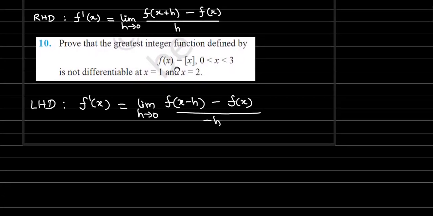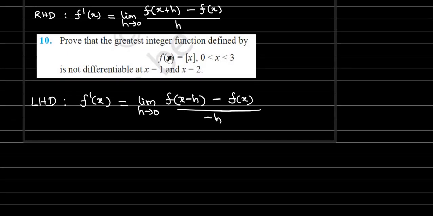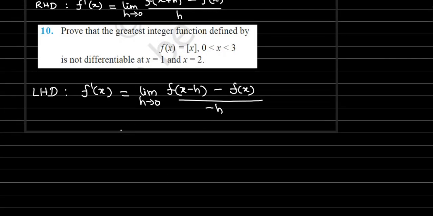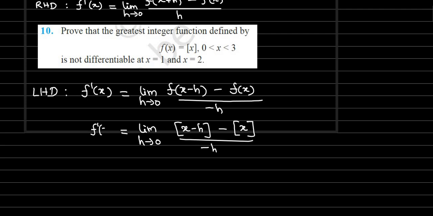So in place of x, whatever input we give, that input becomes a greater integer of it. Here what is the input? x minus h. Then what happens to this? Greater integer of x minus h. So if f of x equal to greater integer of x, then f of x minus h is greater integer of x minus h, and f of x itself is greater integer of x, divided by minus h. So this is the left hand derivative.